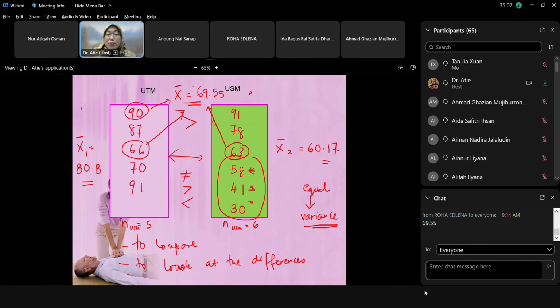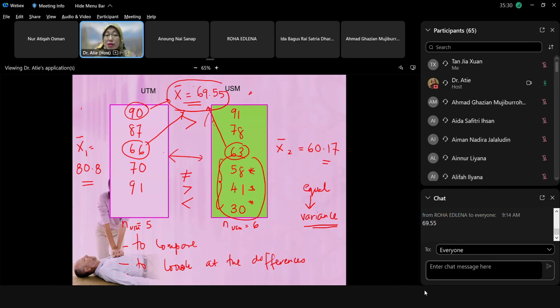For those people who have 90 or 91, it's quite far. Why? Because this mean is affected by these three people. So we need to change that. We need to improve the mean in order to be fair to everyone in our sample, right?